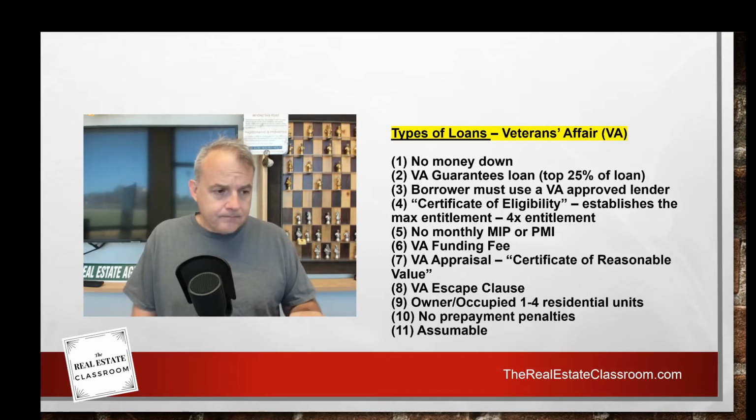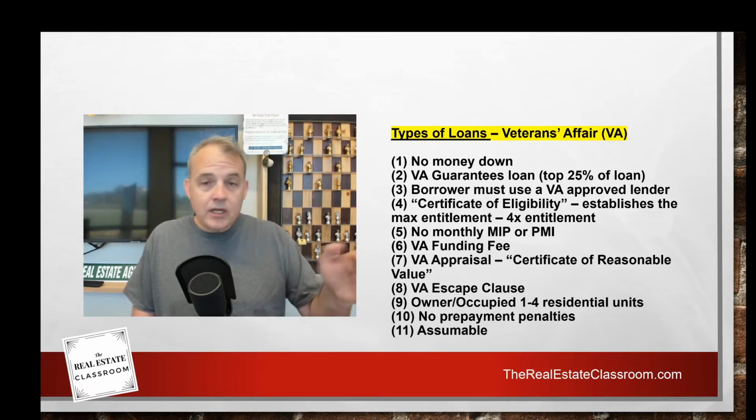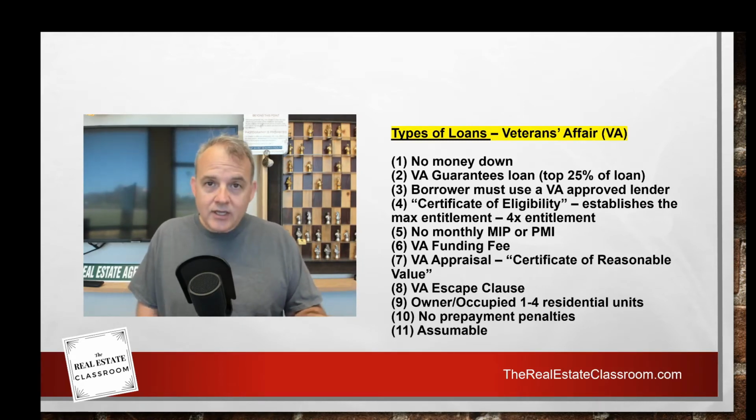Now, one thing you have to know is if that option happens, so it does not appraise, typically what happens is the buyer and seller negotiate the difference. Either the seller comes down to the appraised value, or maybe they split it 50-50. Let's say that it was $10,000 under appraisal, so the seller comes down on the price $5,000, or the buyer comes up with $5,000 extra additional cash, and so they meet 50-50.